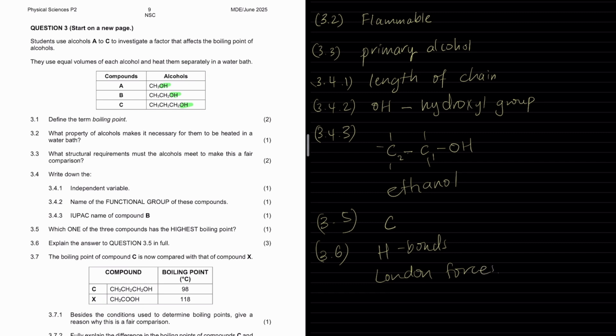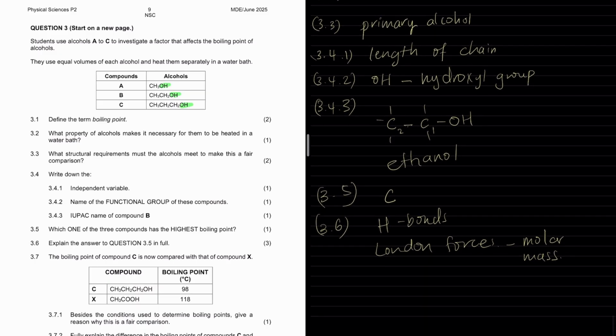Now, one of the factors that directly affects London forces is molecular weight, or molar mass. As we know, as the molar mass increases, the strength of the London force, or van der Waals forces, increases.